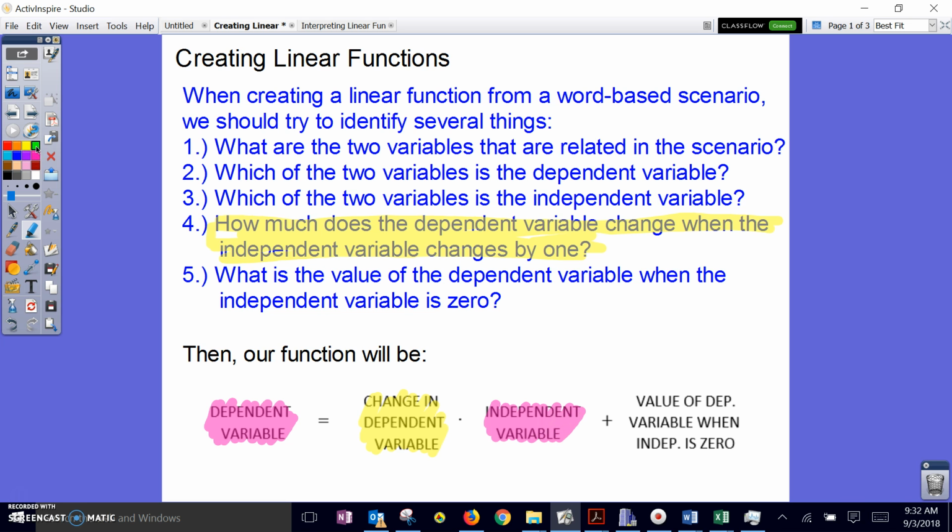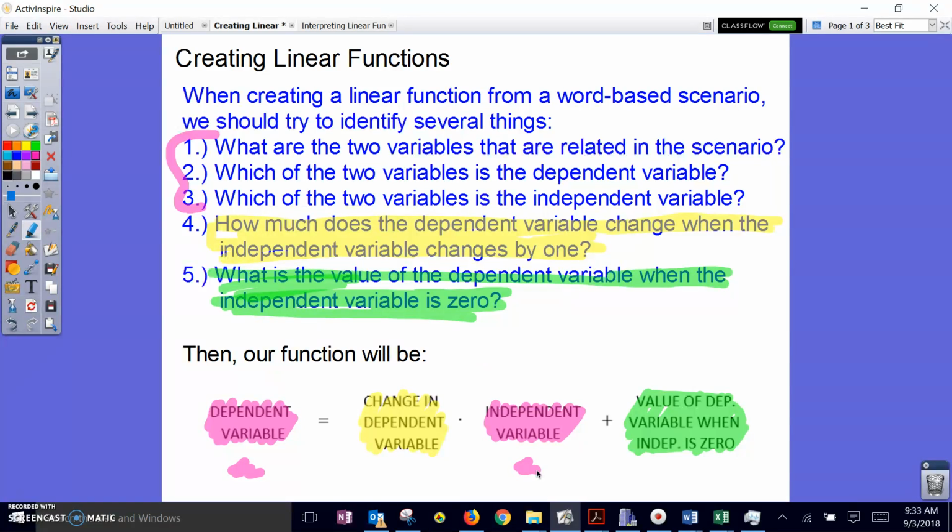And we're going to add to that the value of the dependent variable when the independent variable is 0. Those last 2 questions really are telling us the numbers that are going to go into our function, and questions 1, 2, and 3 are really telling us what letters we're using here in our function.